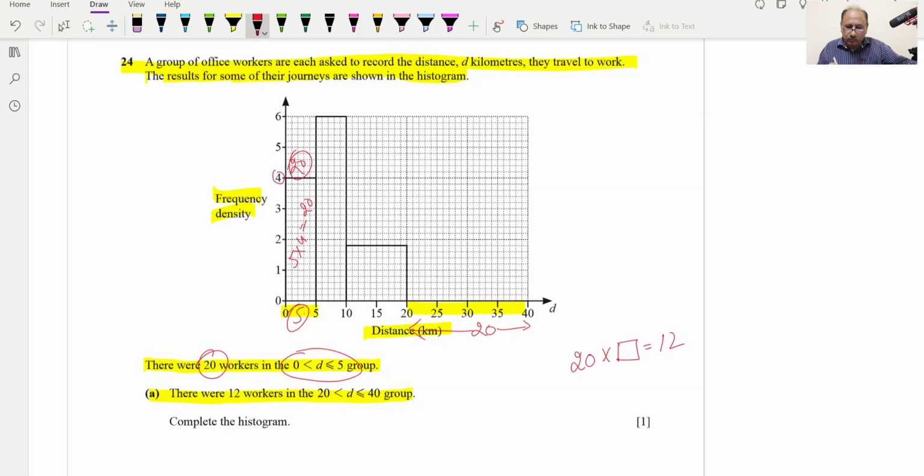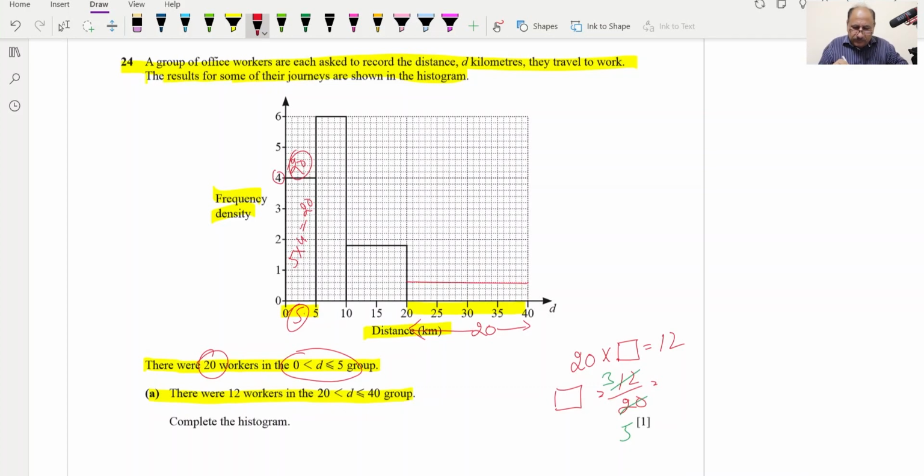That's something we need to figure out. So this something will be equal to 12 over 20, which we can cancel, 4 5s are 20 and 4 3s are 12, so it will be 3 by 5. 3 by 5 will be 0.6.